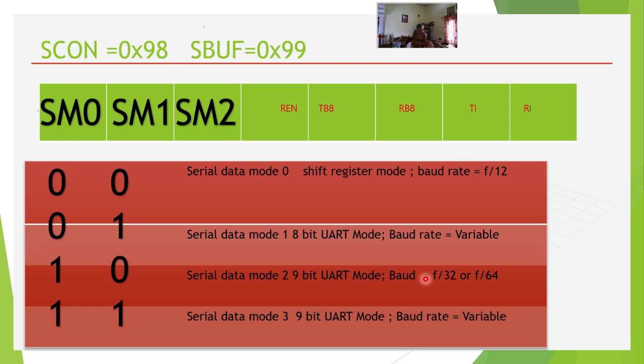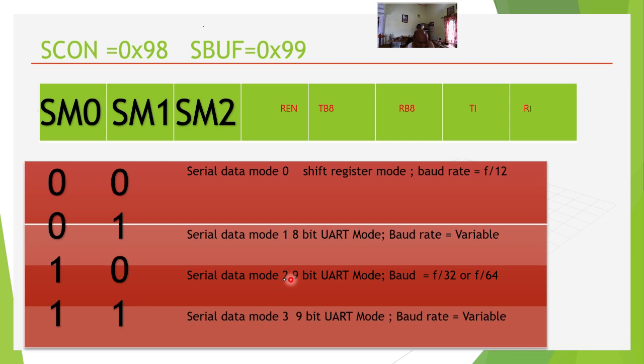In the first case we will see what the oscillator frequency is. If the oscillator frequency is 12, then the baud rate will be 1. If the oscillator frequency is 32, then the baud rate will be 1, or if the oscillator frequency is 64, then the baud rate will be 1.